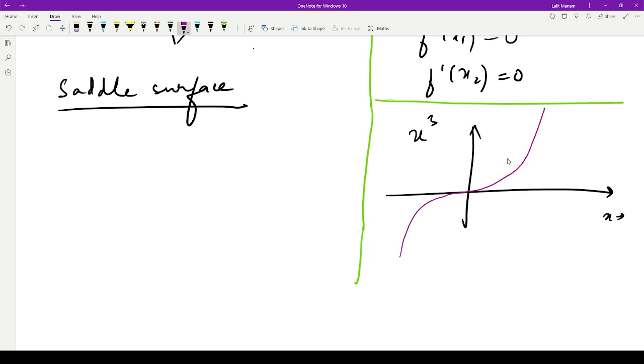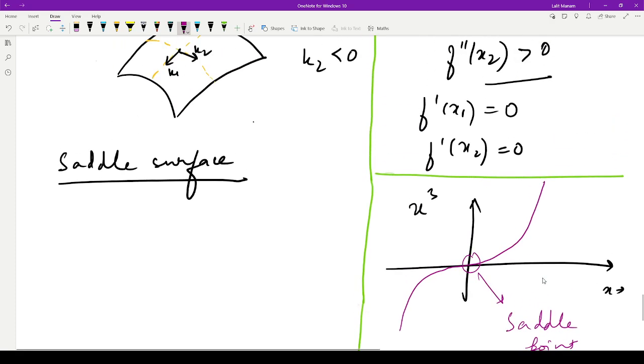So yeah, this is actually a saddle point. But here the saddle point definition is different. I won't go into those details.